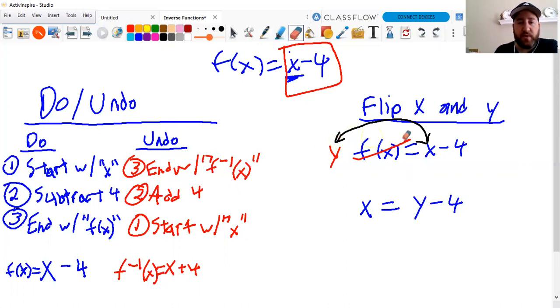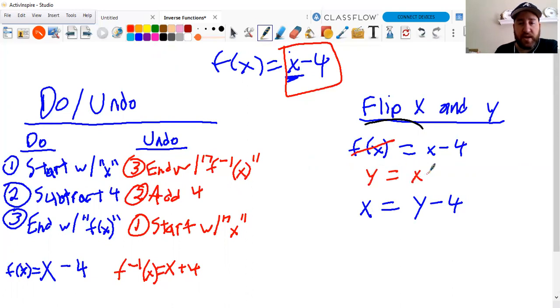So if doing both steps at once is a little much, so f of x equals x minus 4, you could just cross this out and put the y underneath, then bring down x minus 4, and then show flipping them.